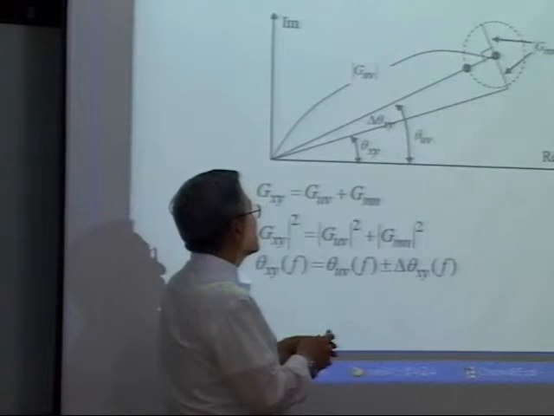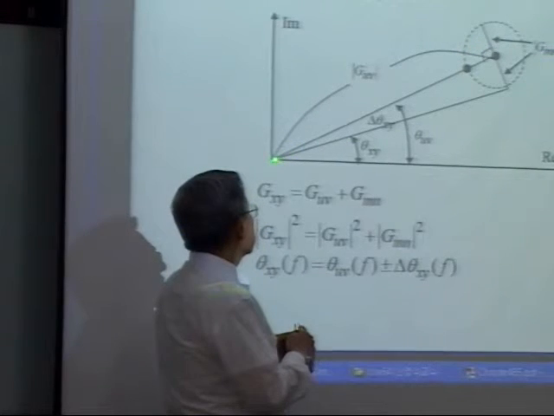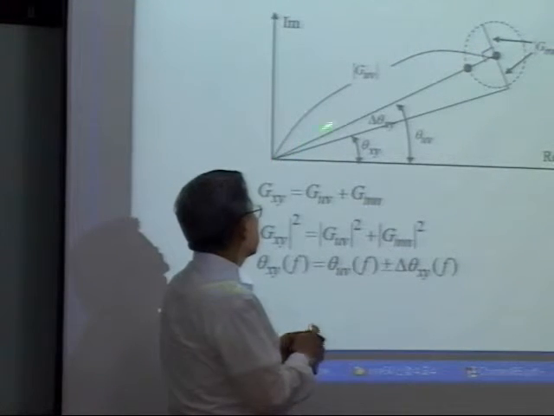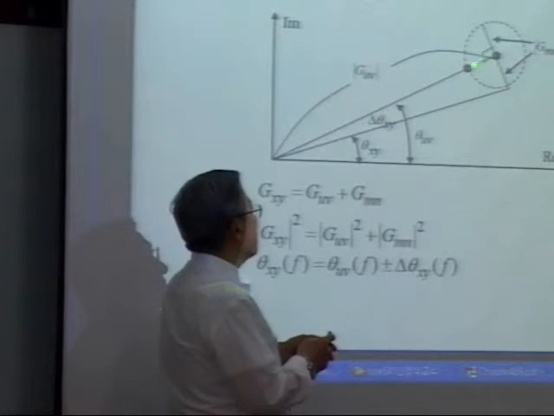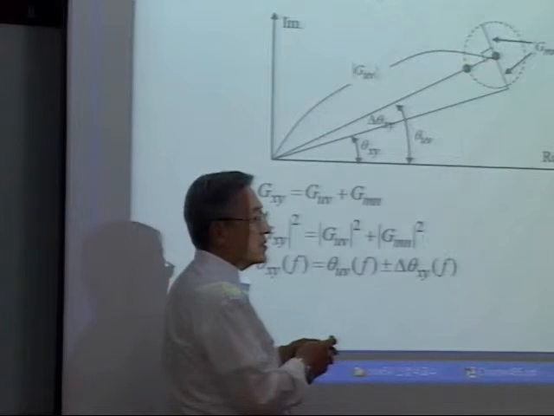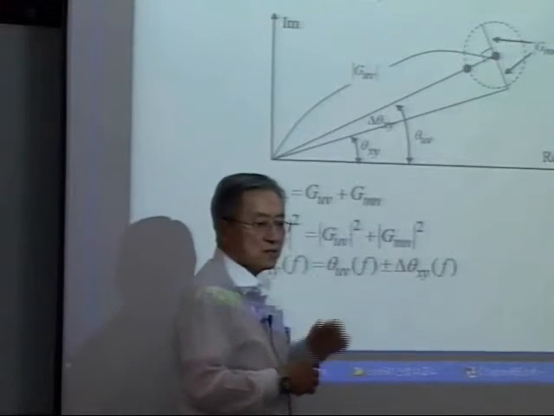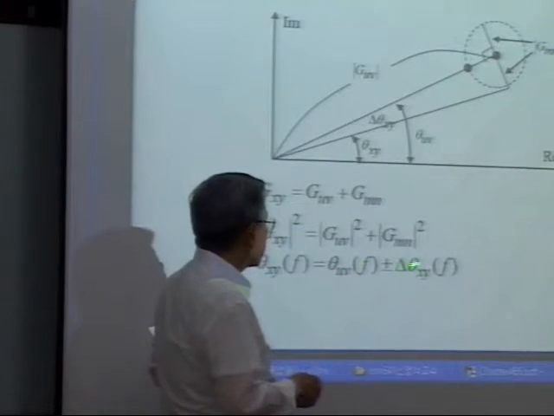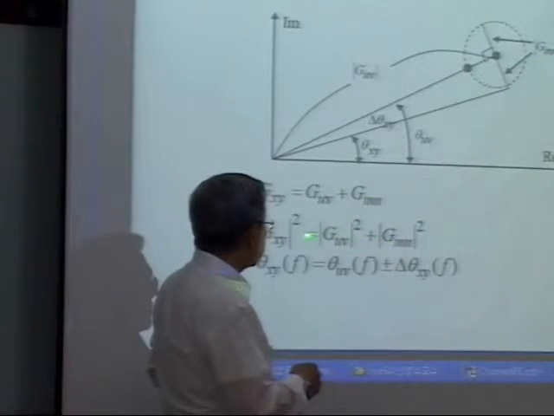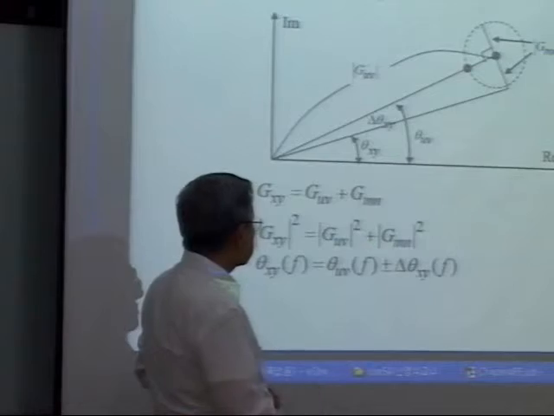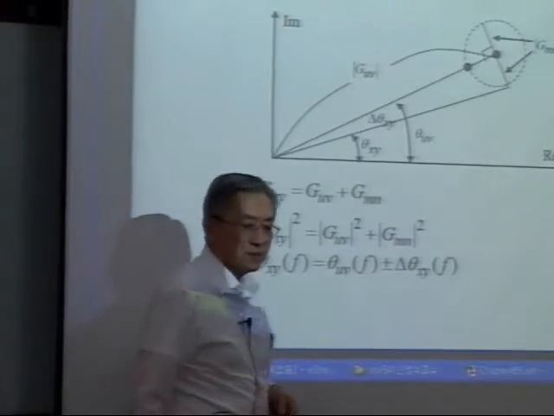When the parallel situation occurs, the resultant vector is from here to here, plus from here to here, or minus from here to here. In this case, it's orthogonal to each other. So this is all you can do for this, but for adding the square, I think just the plus is appropriate.